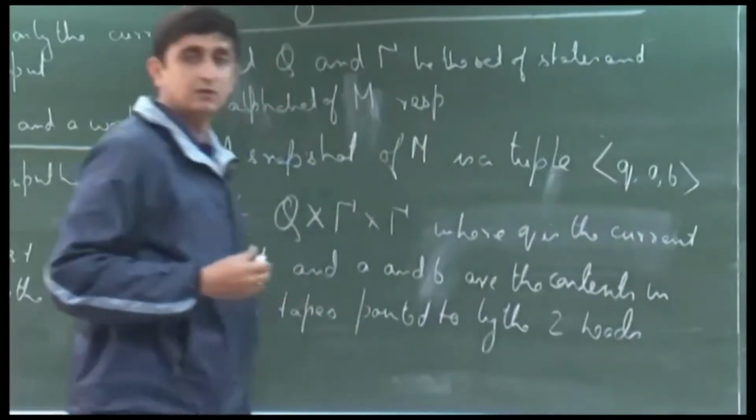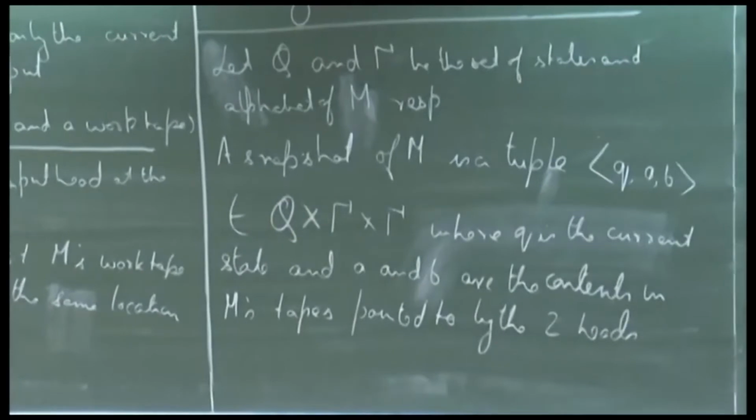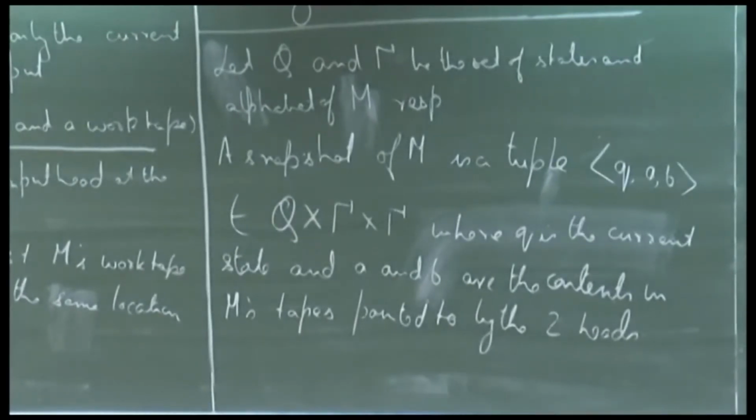Okay. So, whatever is the current state and whatever are the contents of the two cells that are being pointed to by the two heads of M steps.